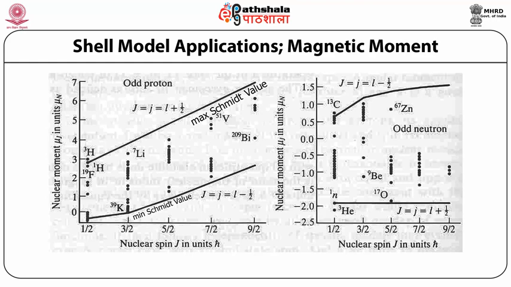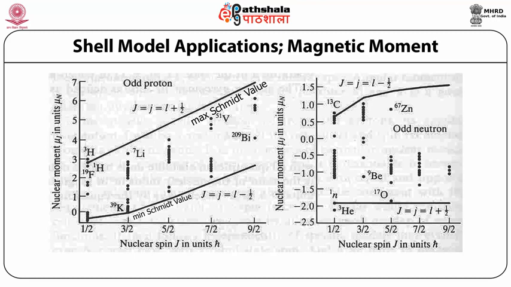for odd neutron. In both these pictures, the magnetic moment is represented in terms of nuclear magneton as a function of nuclear spin in the unit of h bar. Now, on the proton side, we find that the two more or less parallel lines represent the Schmidt values for the cases.